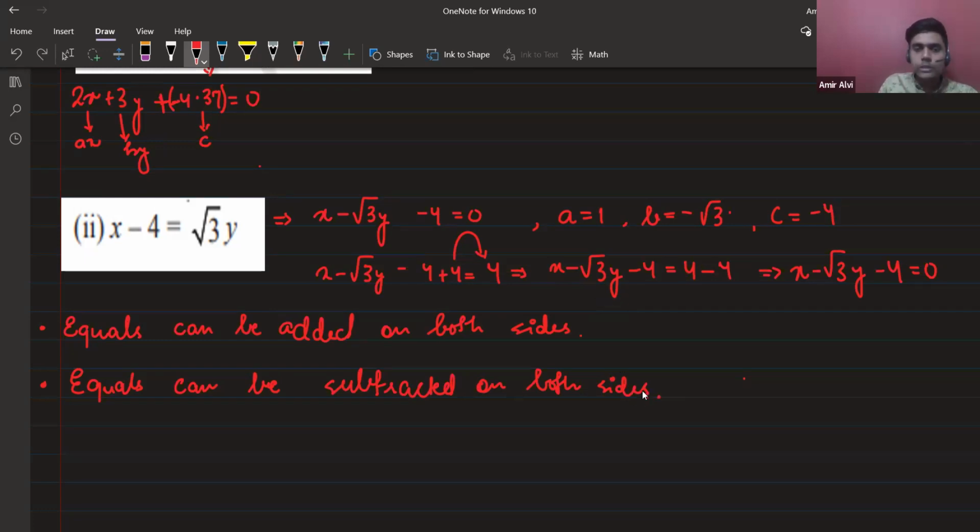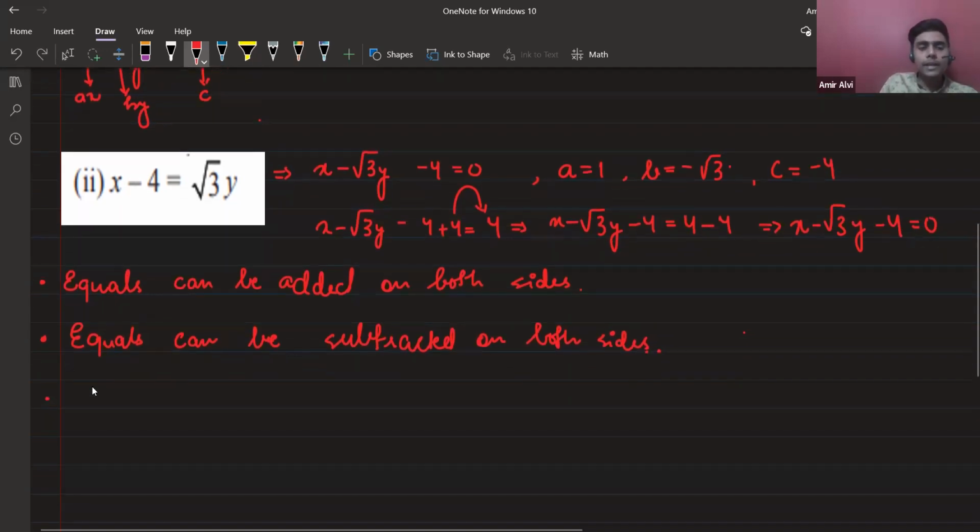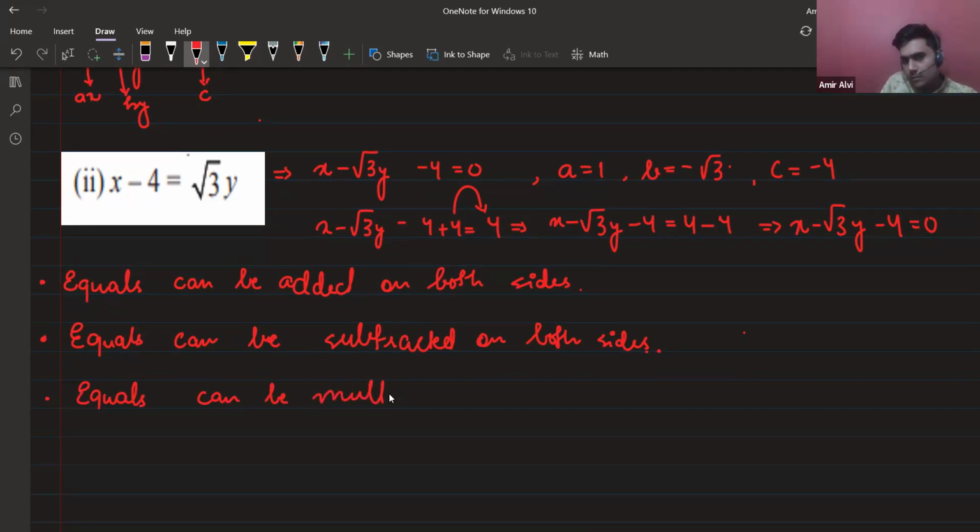Next thing, equals can be multiplied and divided on both sides. Any doubt?